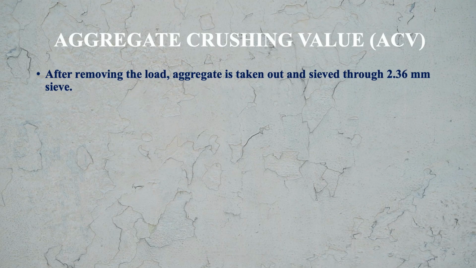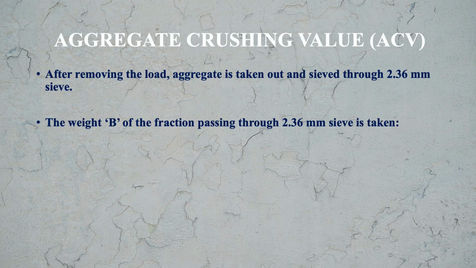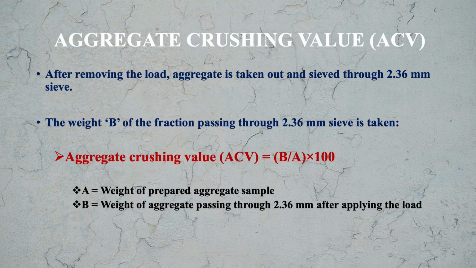After sieving, the weight of the fraction passing through the 2.36 mm sieve is taken, and let this weight be B. Now the aggregate crushing value is calculated as B by A into 100.